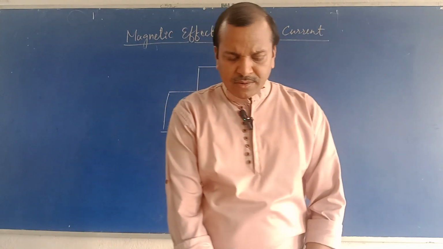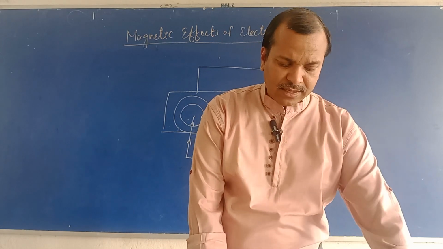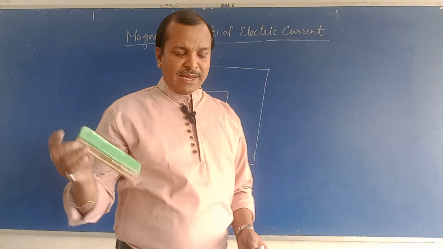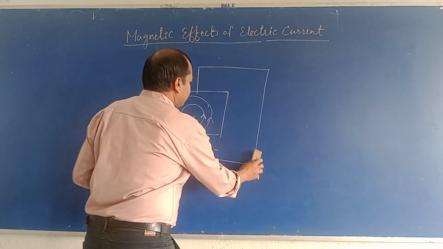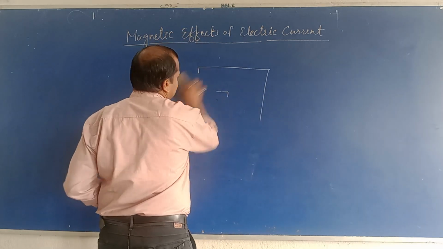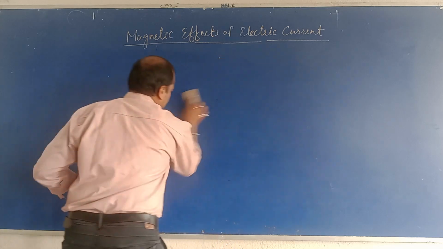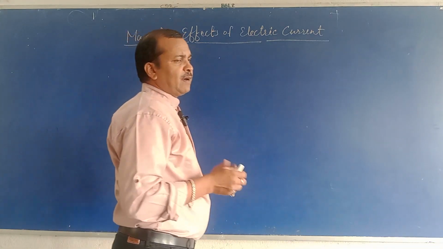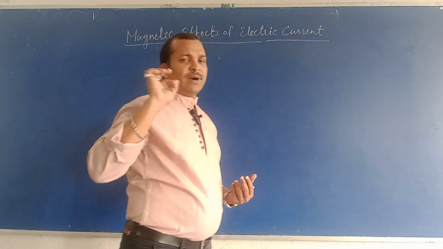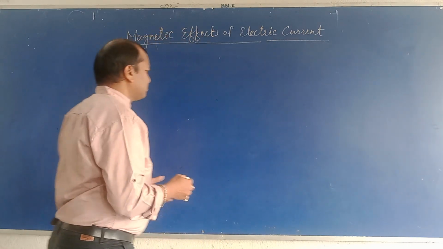Now we will discuss what will happen to the magnetic field lines through a circular loop. Out of these two questions, one question will definitely come in your board exam.